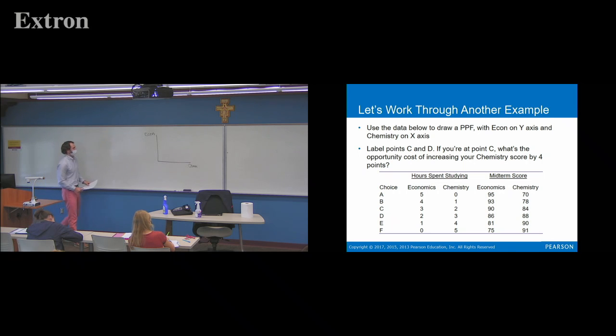All right, so how are we going to draw this production possibility frontier? Do you think a straight line or a curved line?